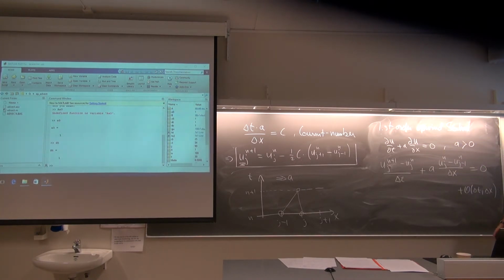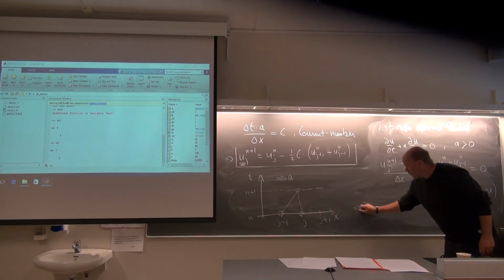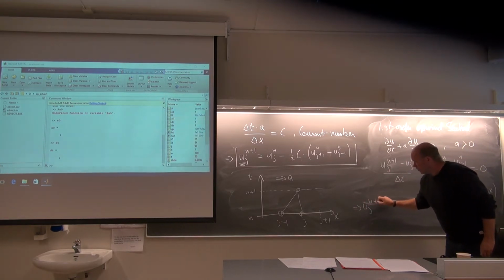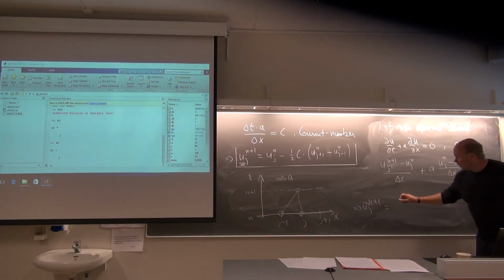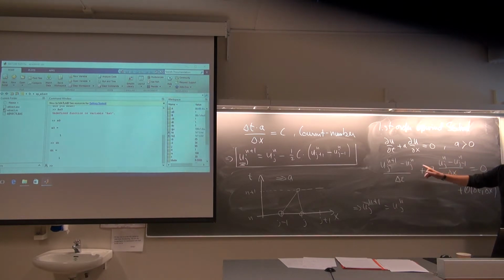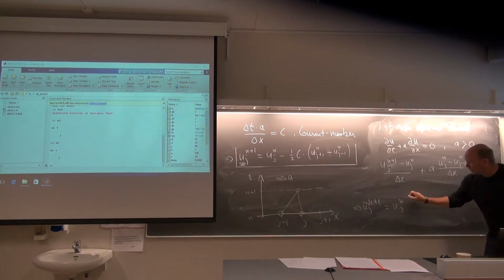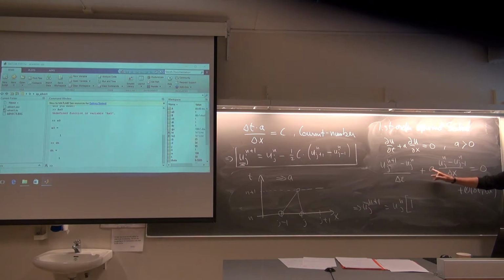So what will my recipe be now? uj n plus 1 equal, what will we get? You will have uj n here, but you have one here as well. Now let's see. So we will have the coefficient 1 from him, and this one on the other side will be negative. That will be delta t multiplied with a over delta x.